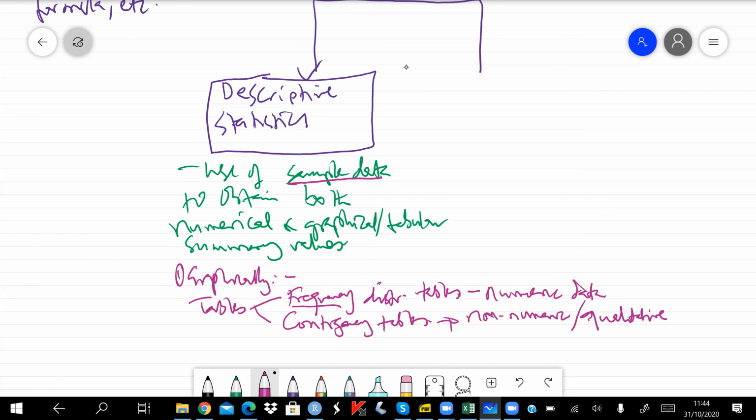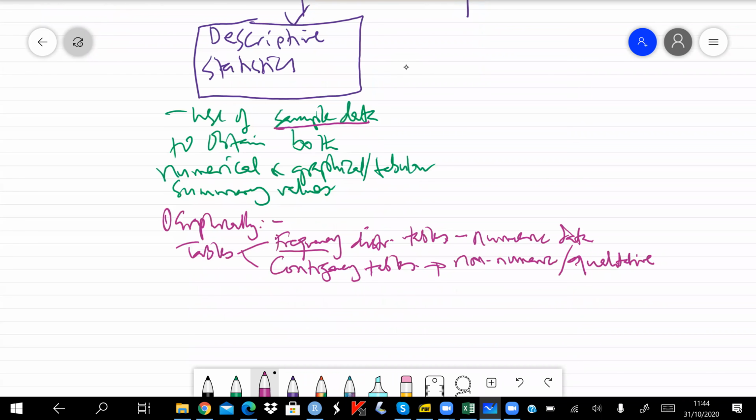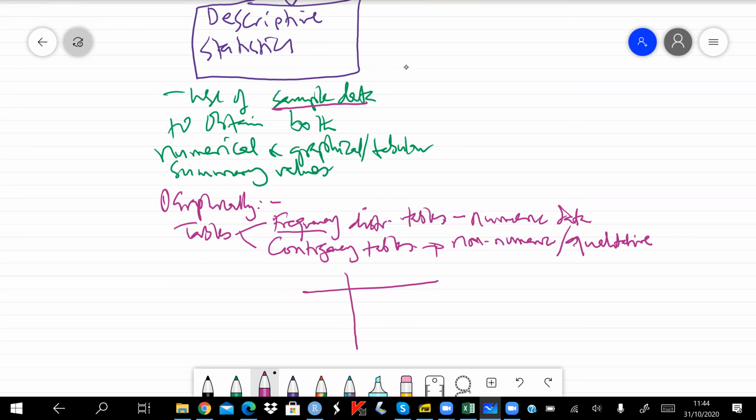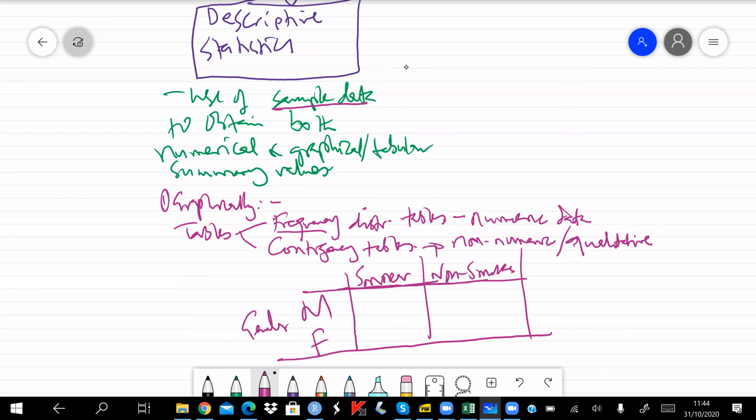Let's say you can talk about gender here. You can have male and female. And then you can talk about the smoking status, either smoker or non-smoker. So this is a simple table.